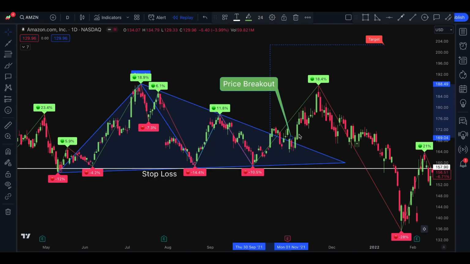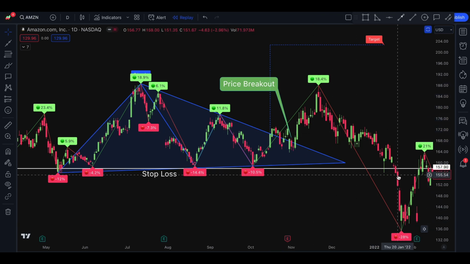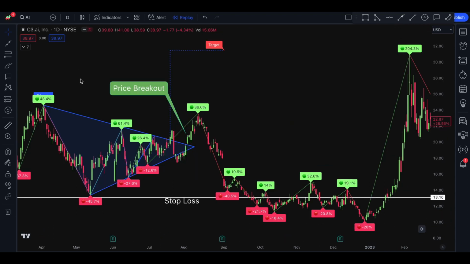The price breaks through the resistance, then retraces back and breaks through the support level, causing losses for traders who did not take profits. This example on C3.ai also demonstrates that the market can experience significant fluctuations, resulting in losses for traders on both sides. It is crucial for traders to be prepared for market changes and react promptly.